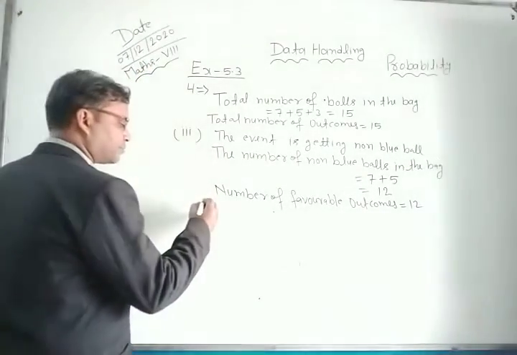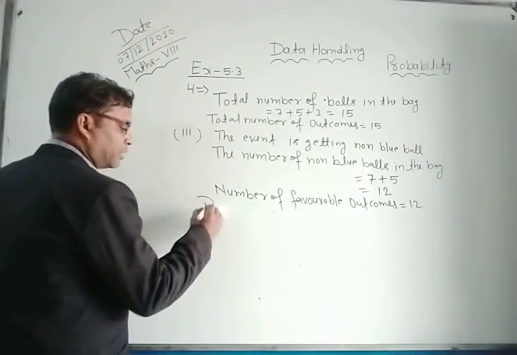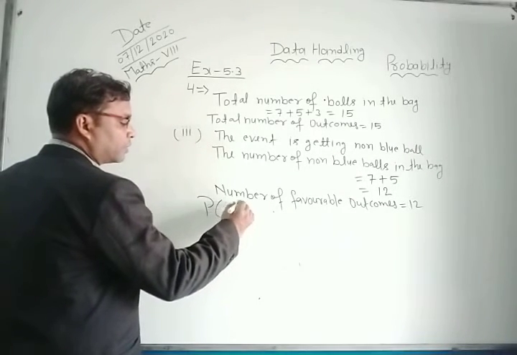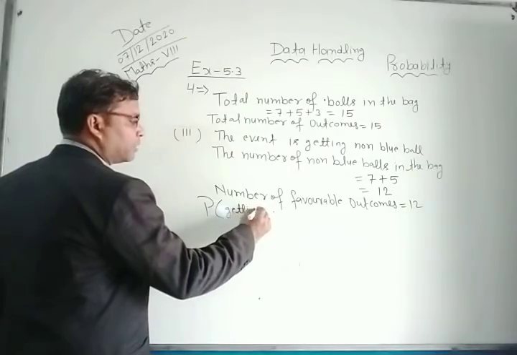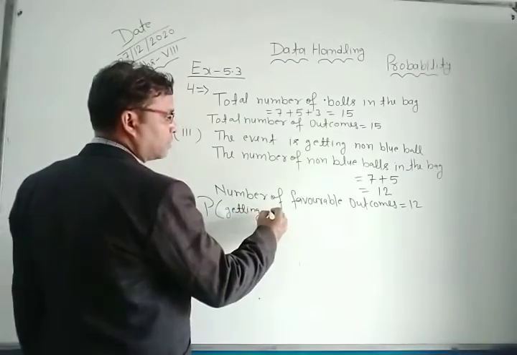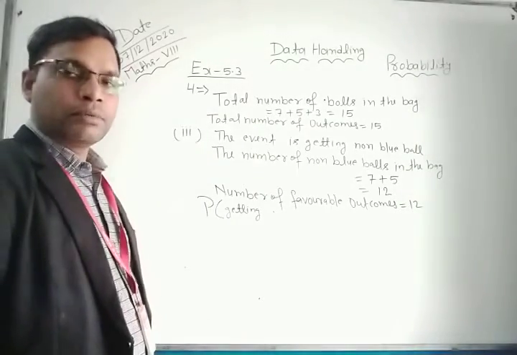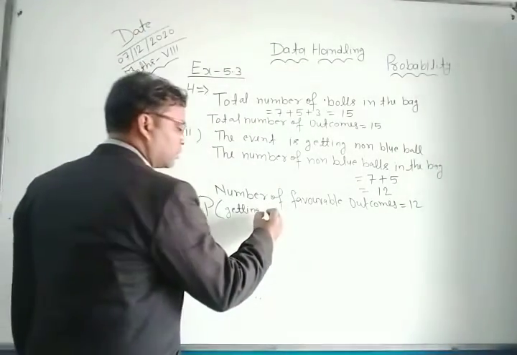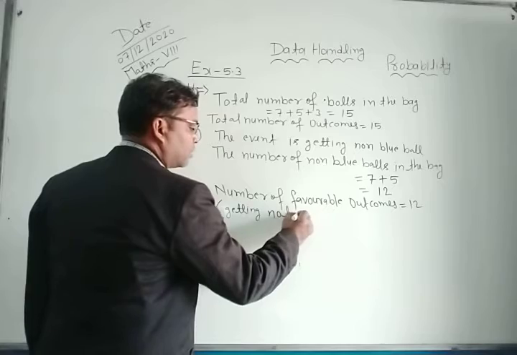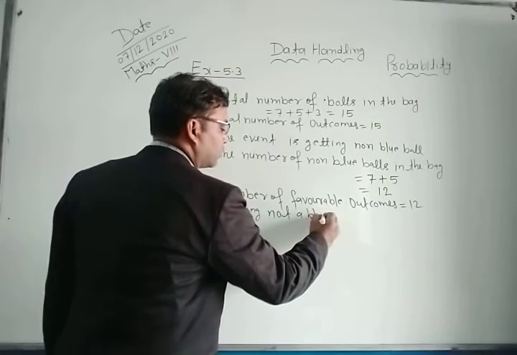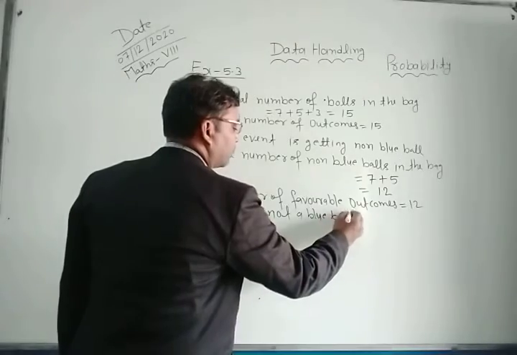P represents the probability of getting not a blue ball.